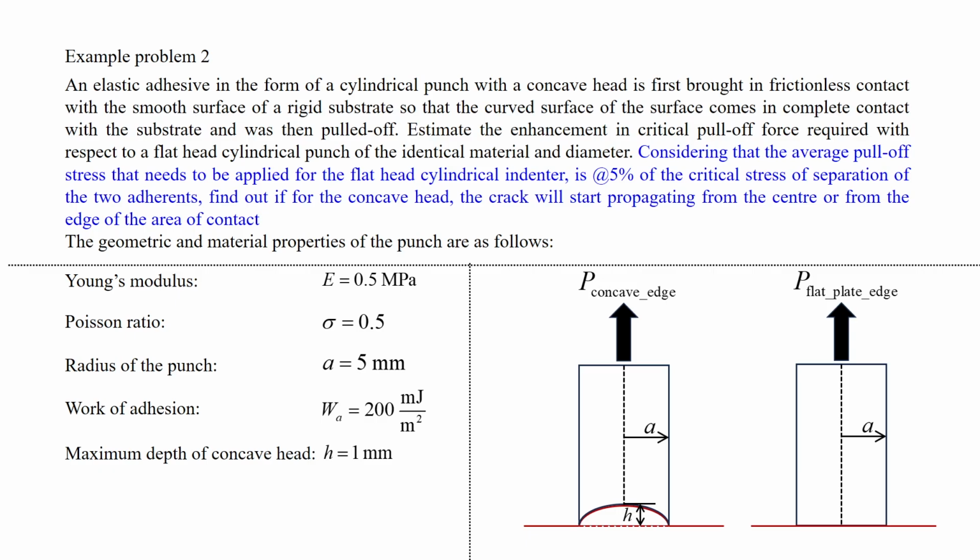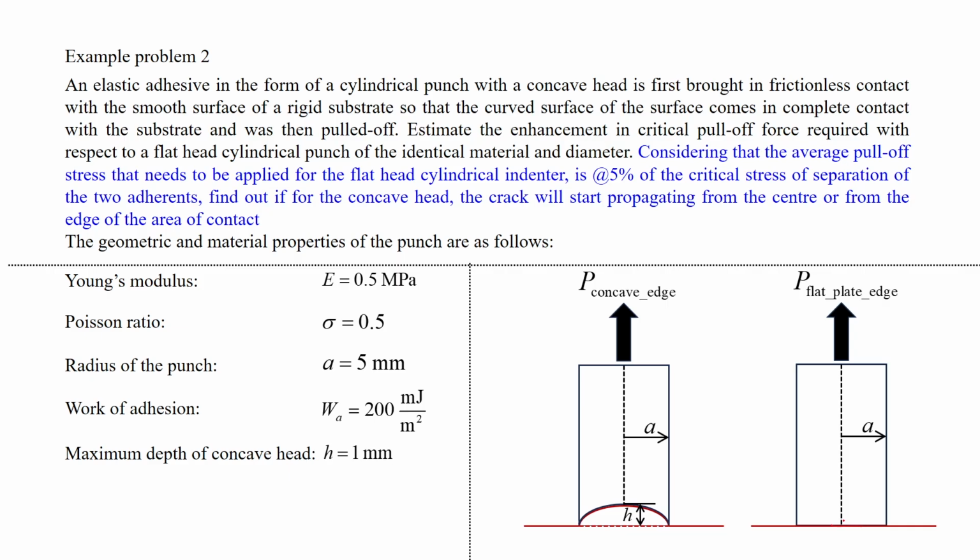In the same problem as in the last lecture, consider that the average pull off stress that needs to be applied for the flat head cylindrical indenter is 5% of the critical stress of separation of the two adherents. That means there are two adherents, and there is a critical stress that this interface can take.